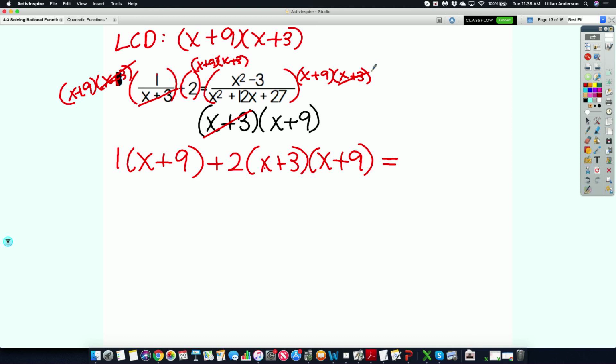That x plus 3, that x plus 9 cancels out because that's what the denominator was. So then I'm just left with x squared minus 3.